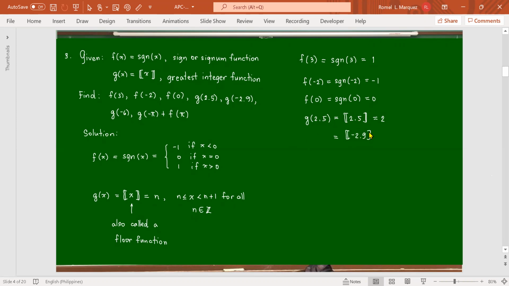What is the greatest integer of this, children? -3. Negative 3, no? Don't be confused, ha? Not negative 2, because you pull it to the left. Sorry, it is negative 3. What about g of negative 6, guys?